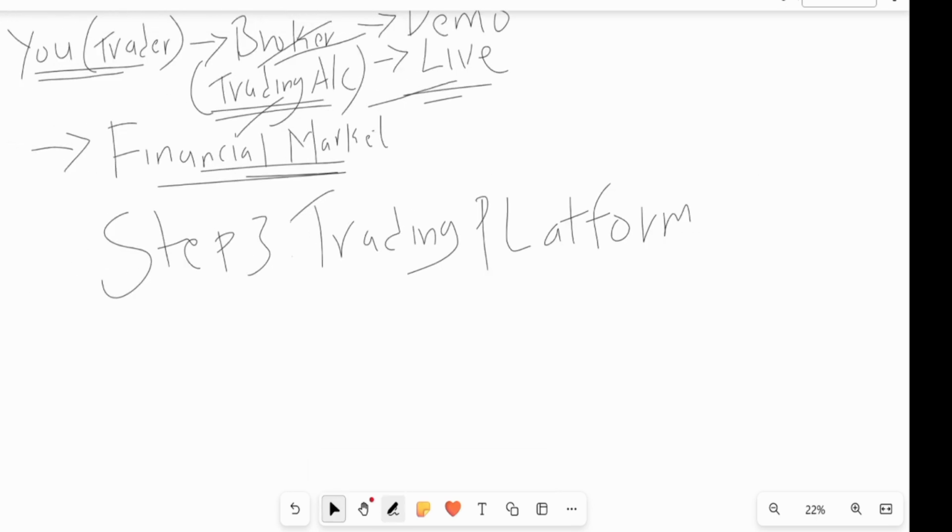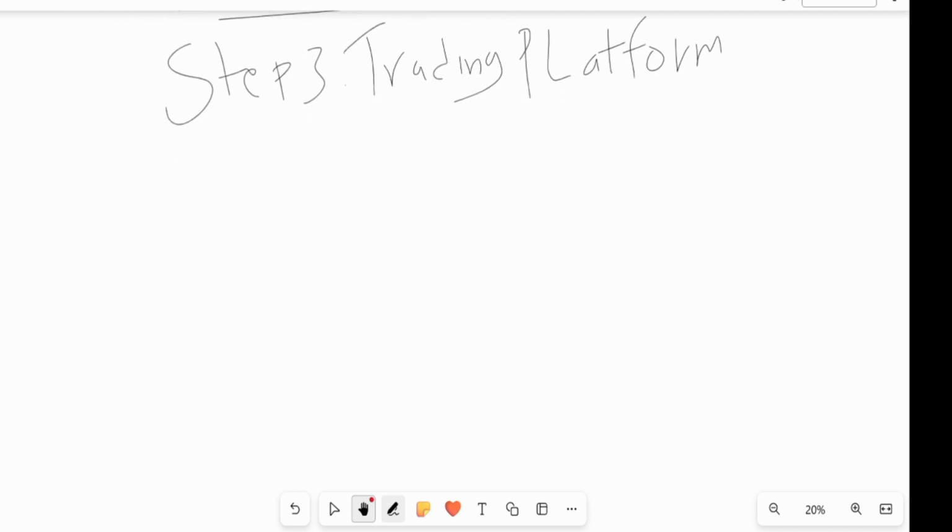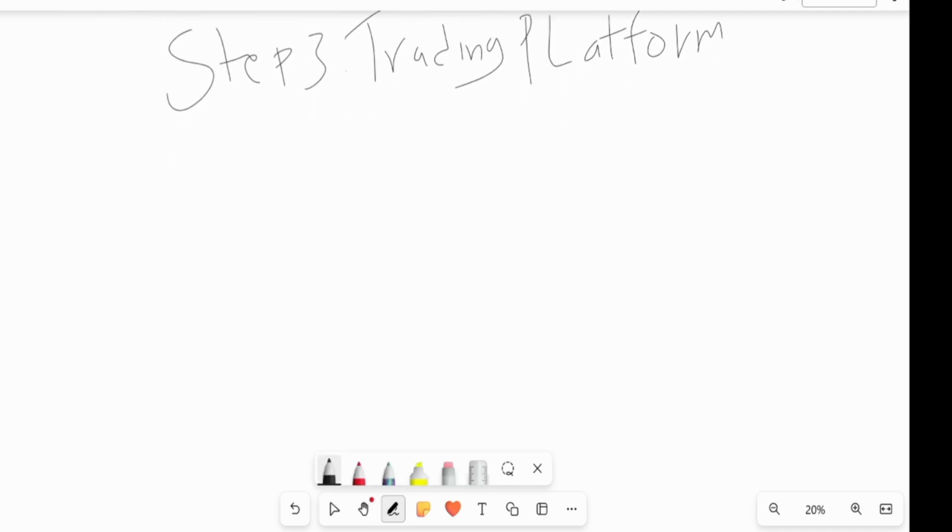And in trading platforms, we have several. We have TradingView, which is great for market analysis and charting.